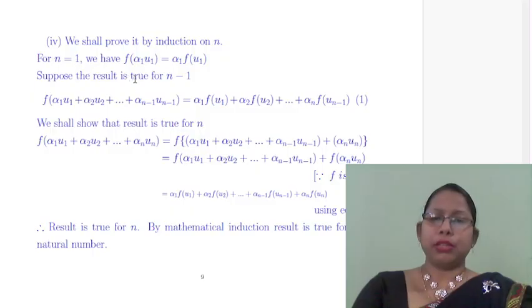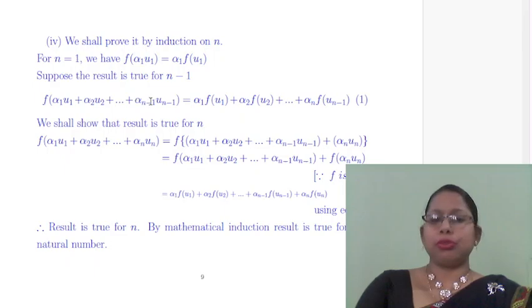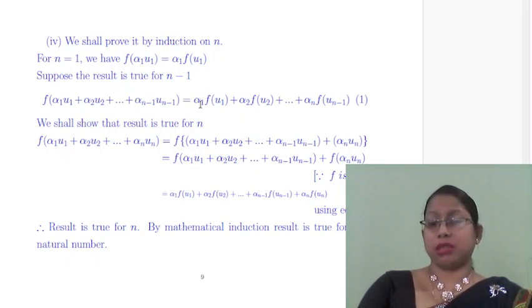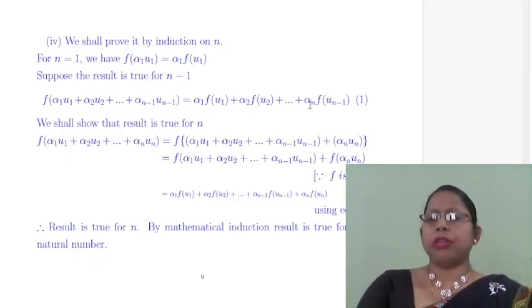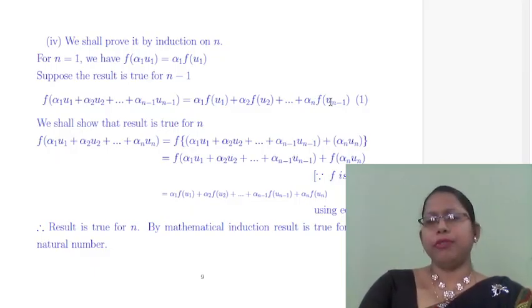Next, we suppose that the result holds good for n minus 1, that is, f of alpha 1 u1 plus ... alpha n minus 1 u n minus 1 is equal to alpha 1 f of u1 plus ... alpha n minus 1 f of u n minus 1.